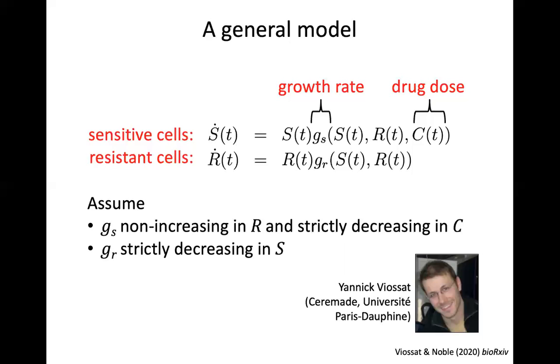So yes, the resistant cells need to be at least as badly affected as the sensitive cells by this competition. Does that make sense? Essentially what this is also capturing is that the main ecological interaction is competition here and not some kind of beneficial interaction. If you start having beneficial interactions, then this approach might not work.